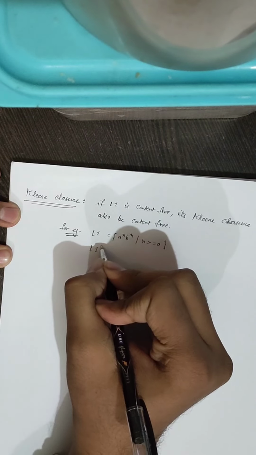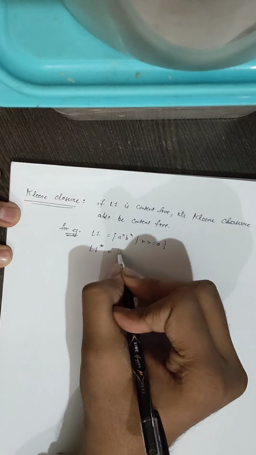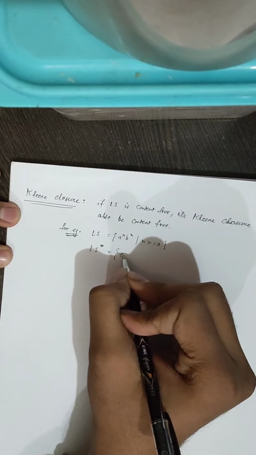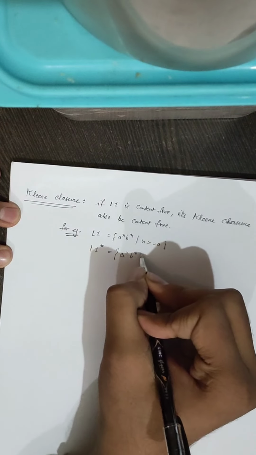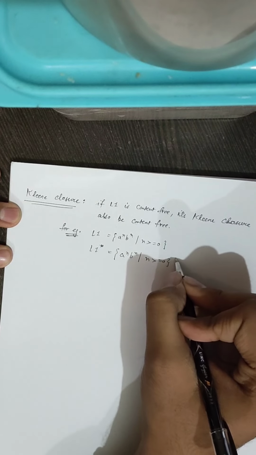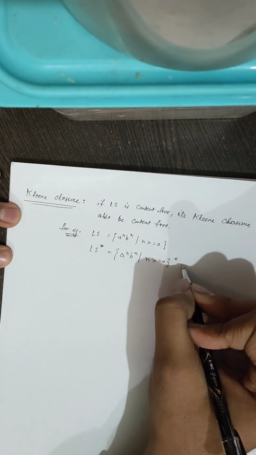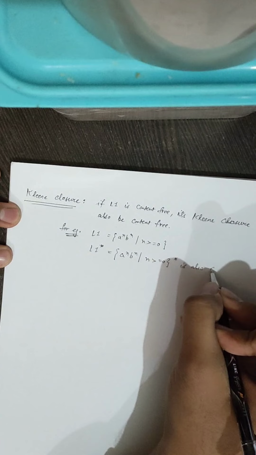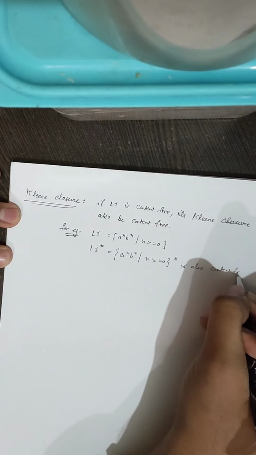So L1 star, (a^n b^n) star, is also context free.